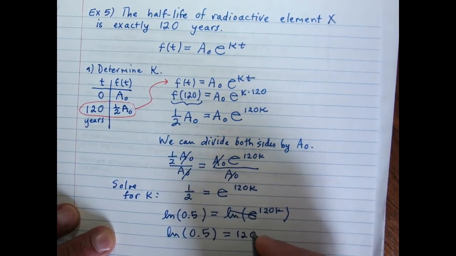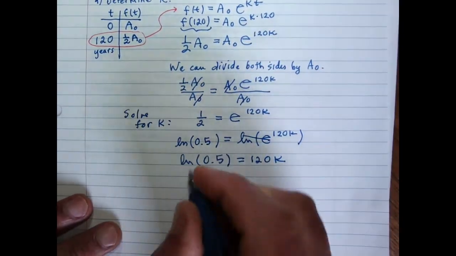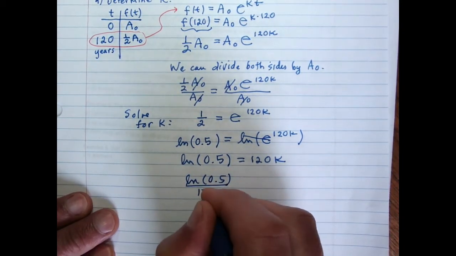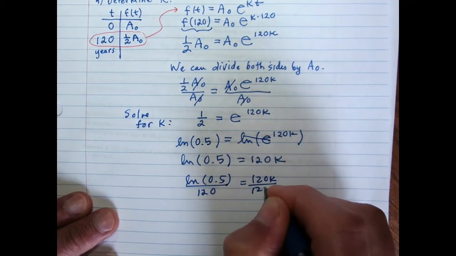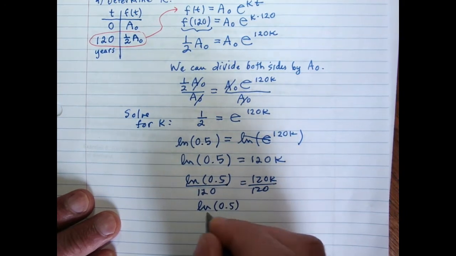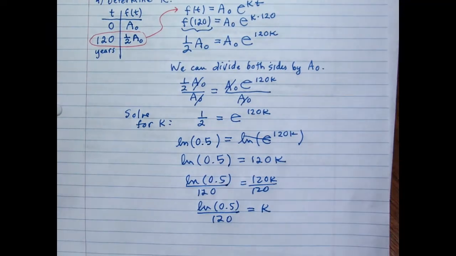I'm left with just 120k. And divide both sides by 120. We've been doing this kind of process a lot. And so ln of 0.5 over 120 is equal to k.